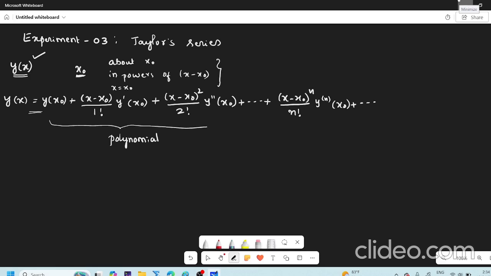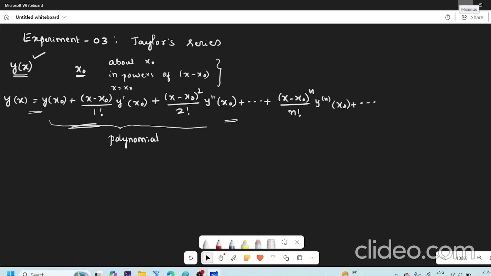All these three statements imply the same series, so these three statements are equivalent. If you are asked to write the Taylor series expansion about x equal to x naught, or in powers of x minus x naught, or about x naught, all refer to this series expansion only.